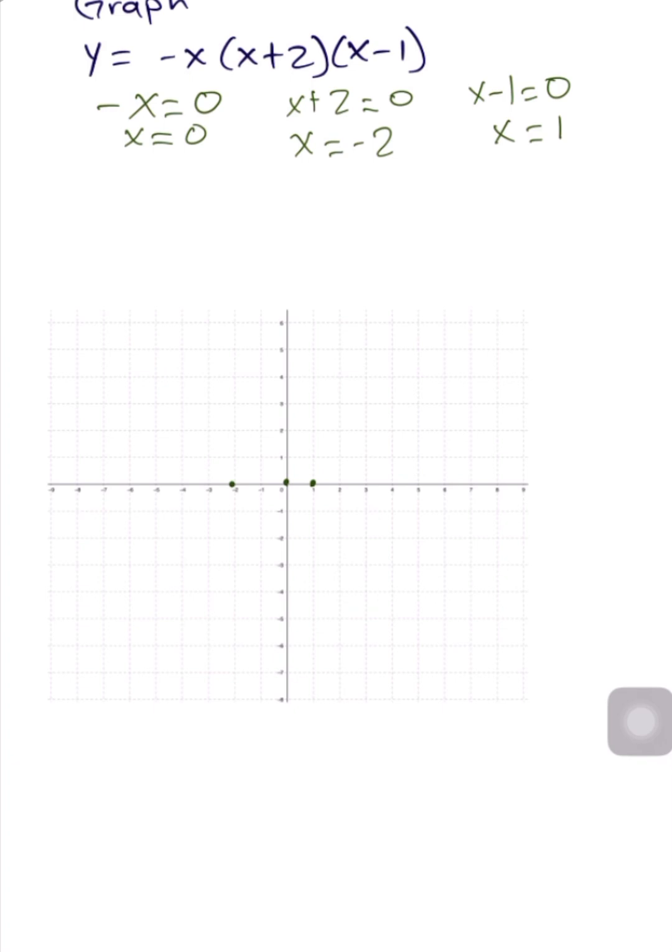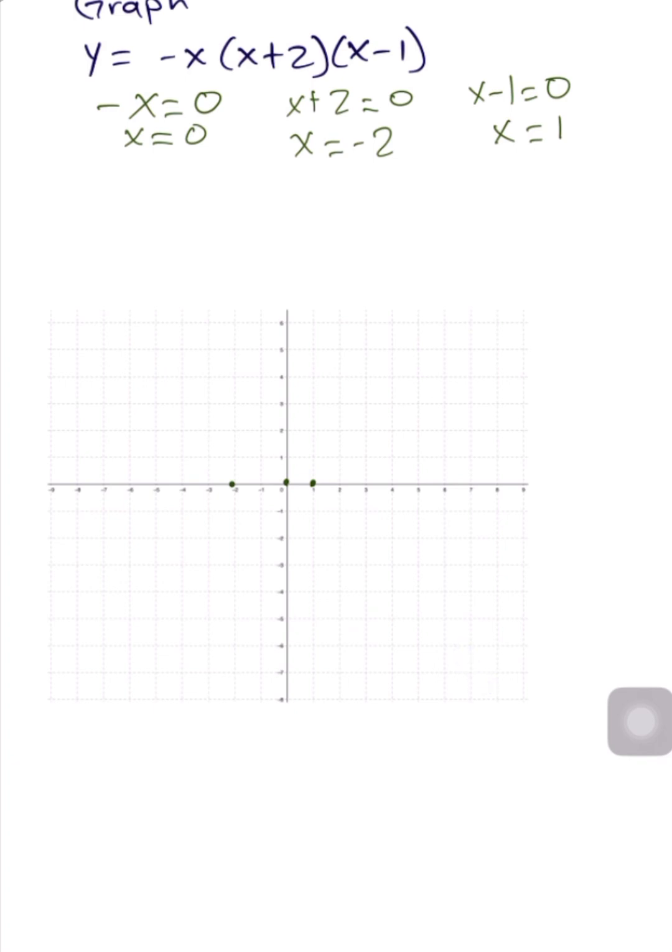Because you have a negative x first, that's going to determine the direction of your graph. So that negative means that you're going to start from the bottom. And I always like to start on the right-hand side of the graph. So I know I'm going to start in this direction.